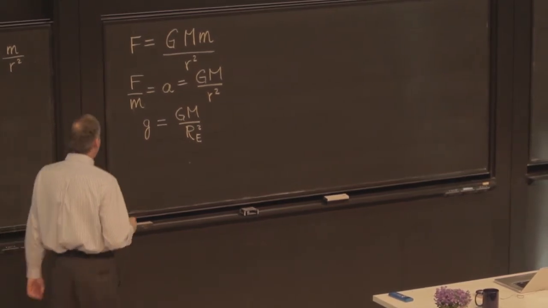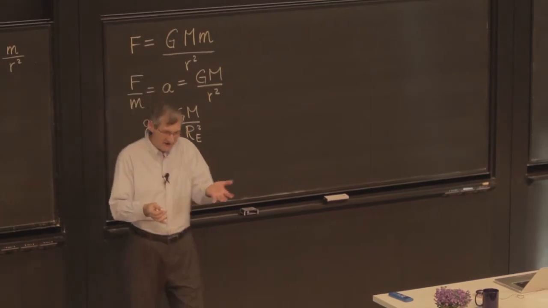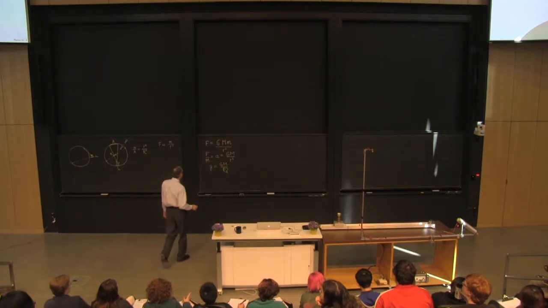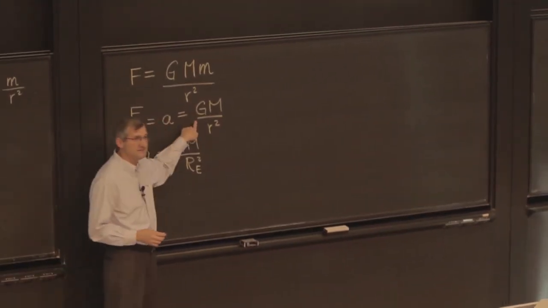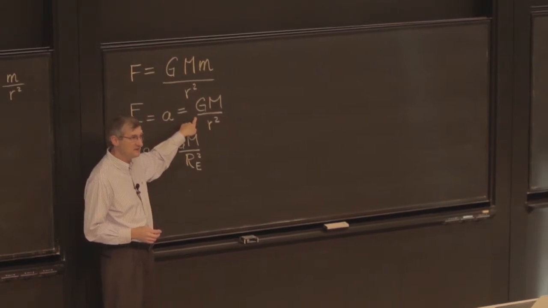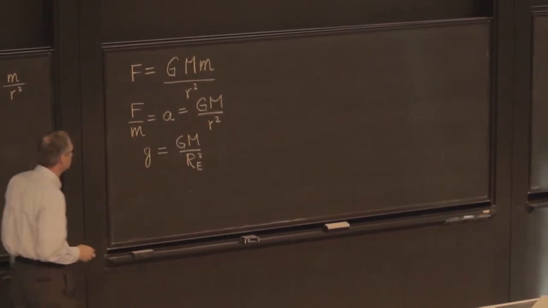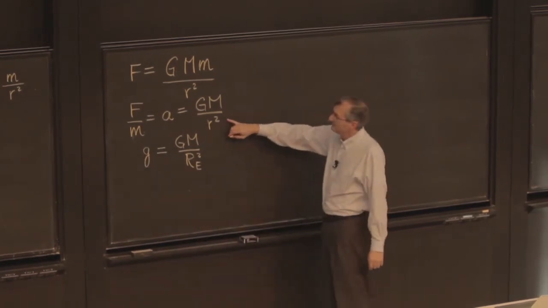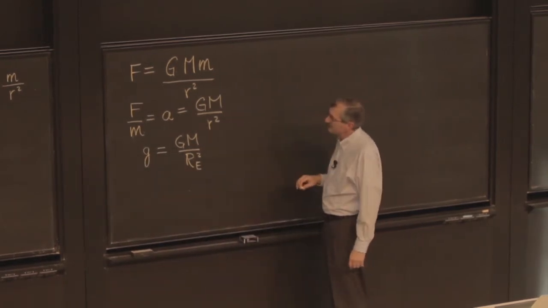But if I want to consider how fast, for instance, gravity falls off as I go up, I could do a Taylor expansion of this function and look for the first correction. Alternatively, I can use the binomial formula, which we introduced last semester. So let me go for that.